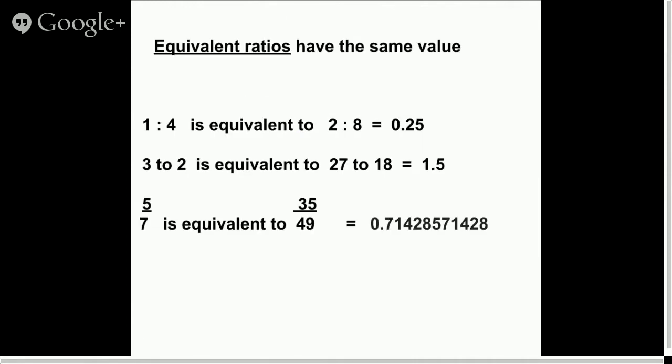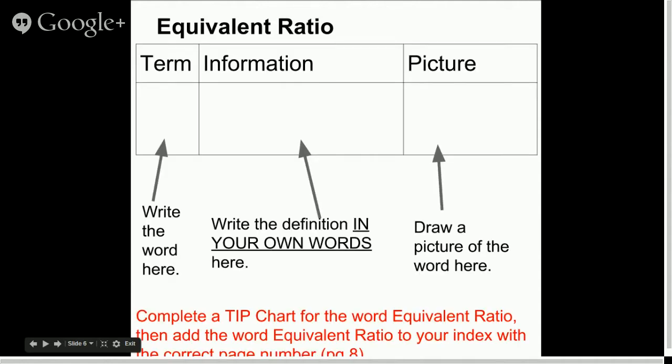Equivalent ratios are ratios that have the same value. So 1 to 4 is equivalent to 2 to 8, because when you do the division problem, you get 0.25. 3 to 2 is equivalent to 27 to 18, which is 1.5. 5/7 is equivalent to 35/49, because it's equal to this long decimal.